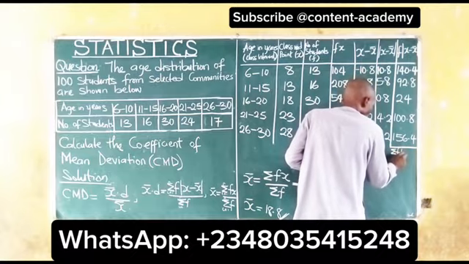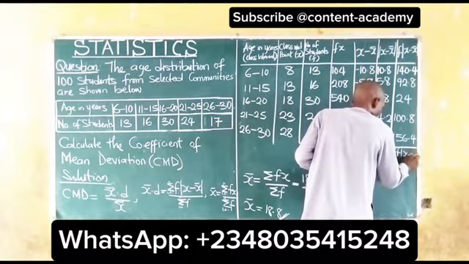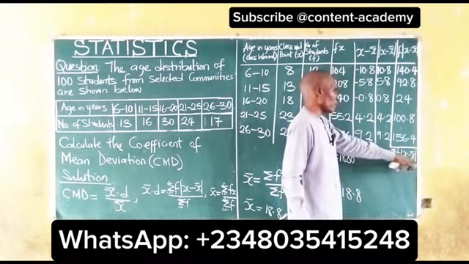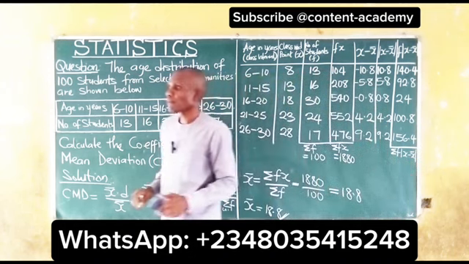We can also find the sum of what we have here, that is f multiplied by x minus x bar. They are all in bar.